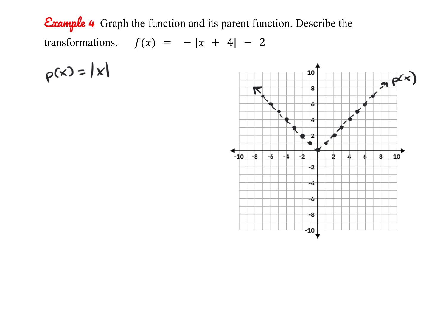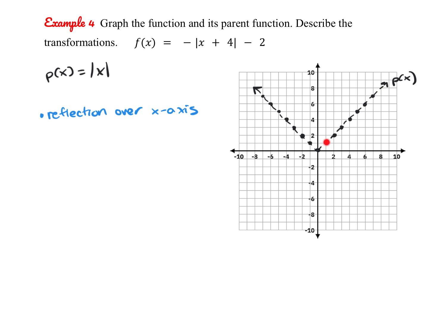Now again, we always start with transformations involving multiplication or division, or multiplying by a fraction. So here I can see we're going to start with this reflection. I see that the negative is not specifically grouped with x, so it's going to be a reflection over the x-axis.